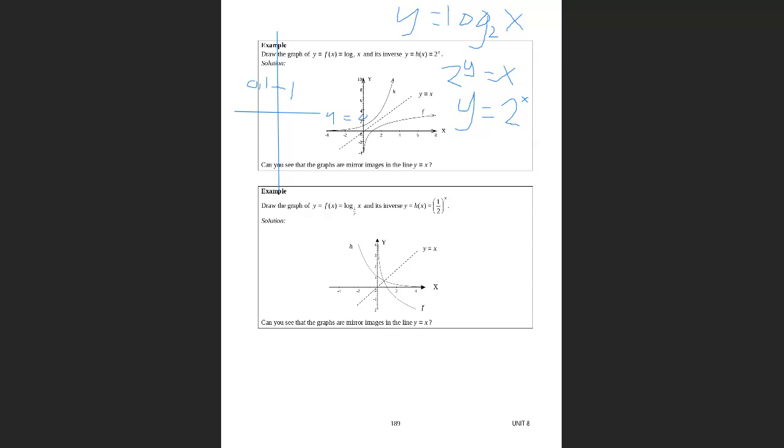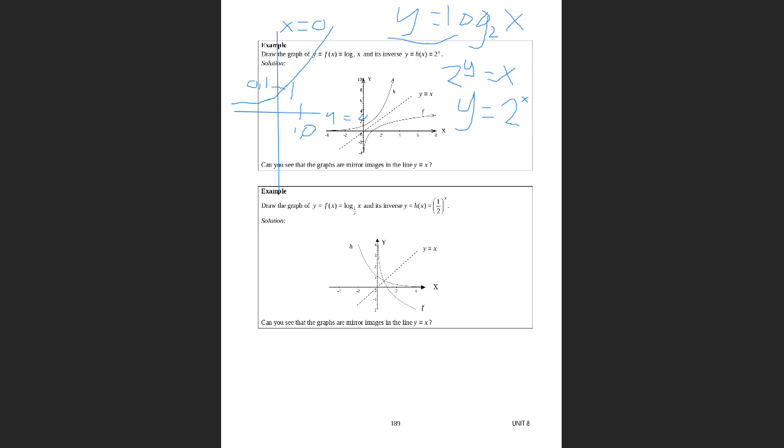And I know that my graph is an increasing function like this. Then straight away, for the inverse graph, this 0, 1, you always interchange x and y. So here will be 1, 0. And now my asymptote will be x equals 0.